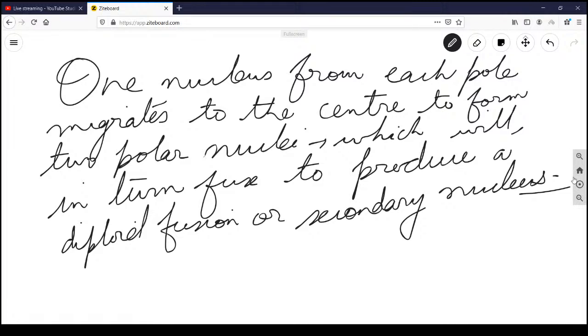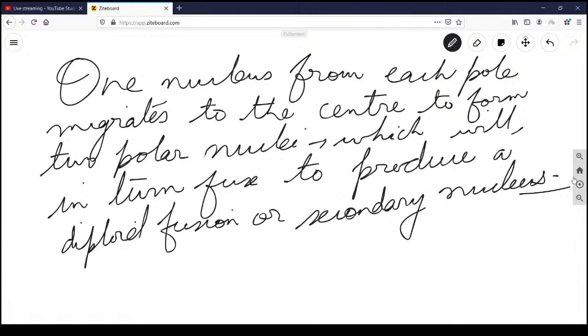Now the central cell bears polar nuclei. Now you have 3 nuclei at the chalazal end of the embryo sac. They form the antipodal cells. The remaining 3 nuclei, present at the micropylar end, get surrounded by cytoplasm to form pyriform cells.